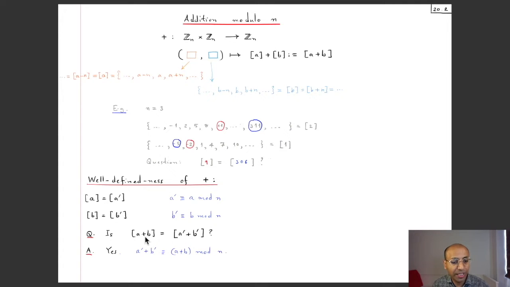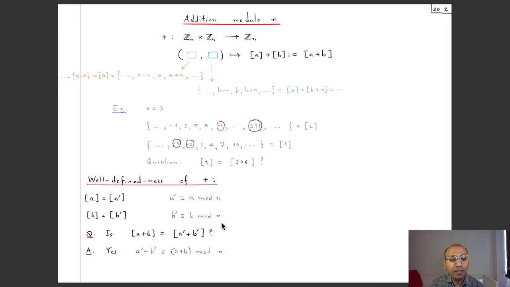And so we need to check that at the end of the day, we have the same equivalence class, which is the sum of these two equivalence classes. So we have to check that the equivalence class containing A plus B is the same as the equivalence class containing A prime plus B prime. Now, these two equivalence classes will be the same if A prime plus B prime is related to A plus B. So A prime plus B prime should be congruent to A plus B mod n. Is that true? The answer is yes, because we know these two things.